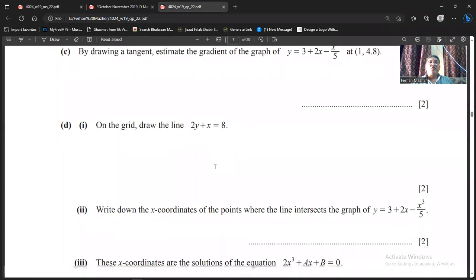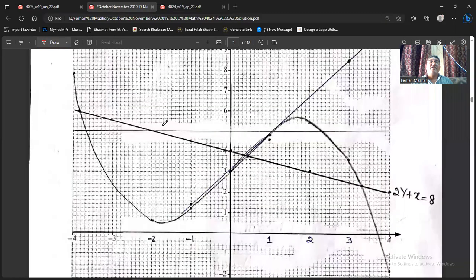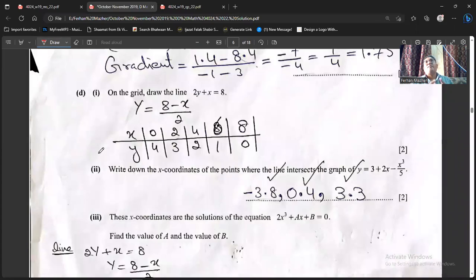Okay. On the grid, draw the line 2y plus x equals 8. First of all, I will make the table for this equation. So 2y plus x equals 8, so y will be equal to 8 minus x divided by 2. In the place of x, I will put 0, 2, 4, 6, 8. I will get 4, 3, 2, 1, 0.